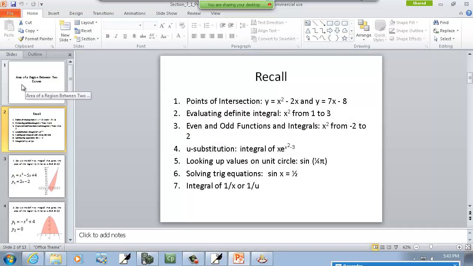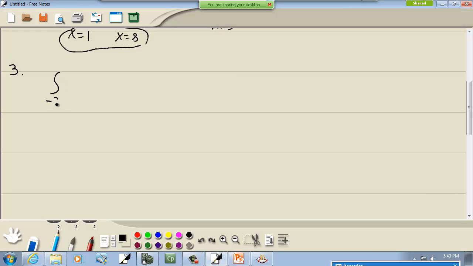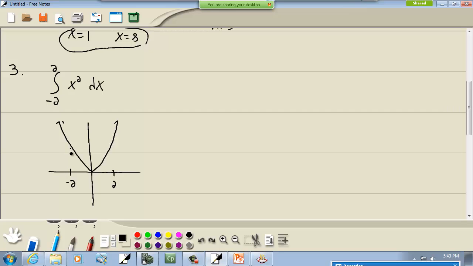Let's see. Even odd functions and integrals: x squared from -2 to 2. If I look at the graph of this, as good as I can freehand it, -2 to 2, and you have to use your imagination here.